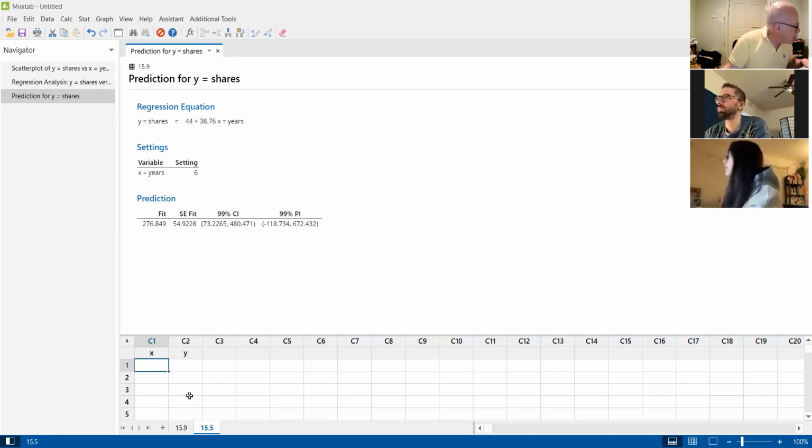So X's are 2, 3, 4, 5. I'm just going to type those in. And then the Y's are going to be, this is just for the first one. The Y's are going to be what? 10. 10. Okay. 12.